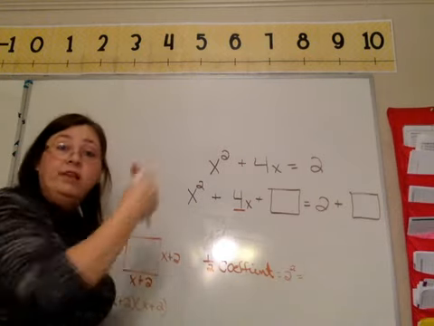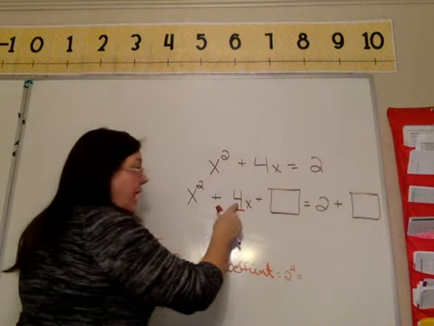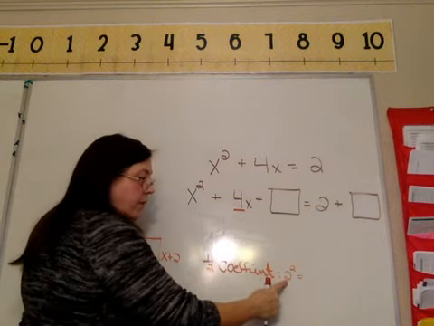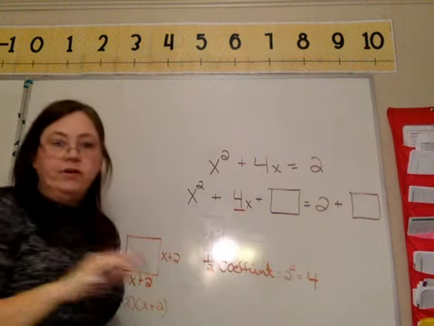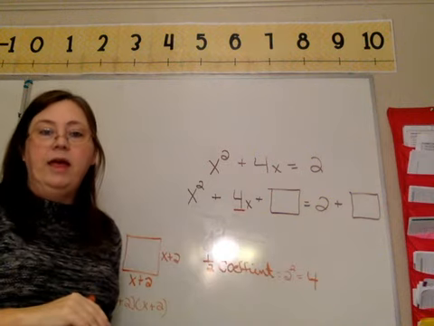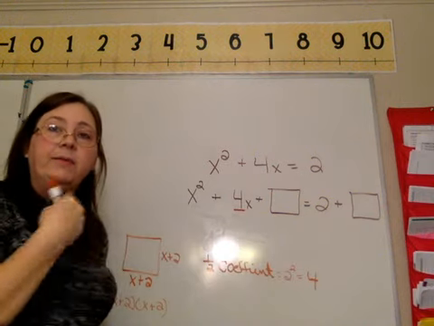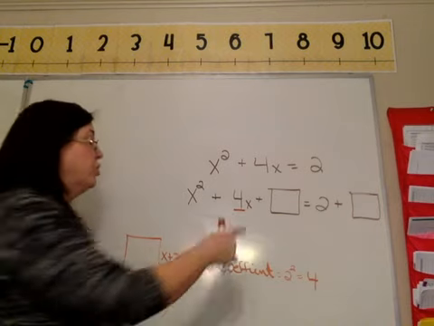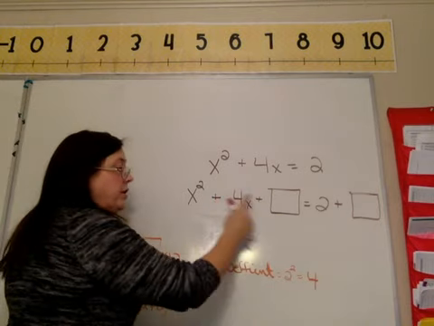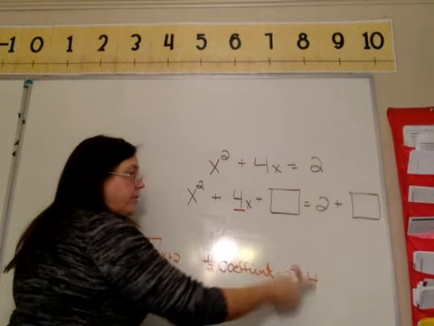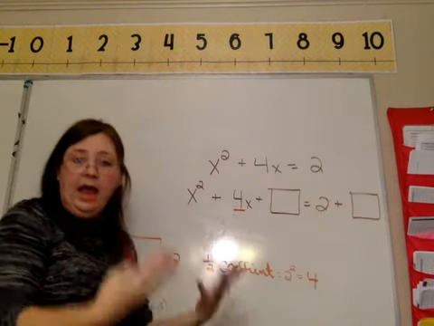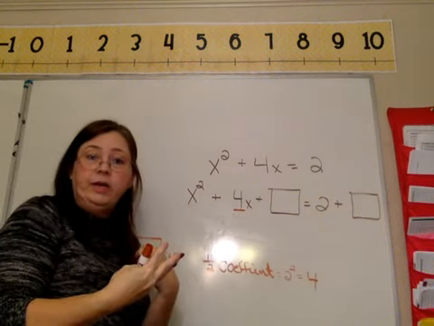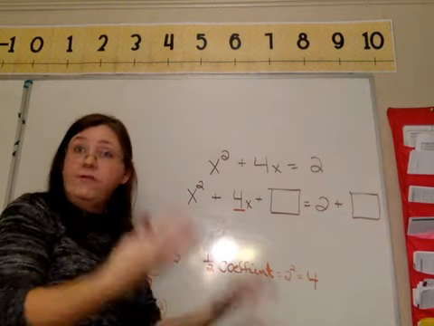You're going to raise it to the second power. So half of 4 is 2, and 2 squared is 4. Now, it just happens to be the same number. It doesn't always work like that, okay? But you're going to take half of the coefficient and then square it. So if this was 6, then you would take half of 6. That would give you 3. And then if you squared it, you would have 9.